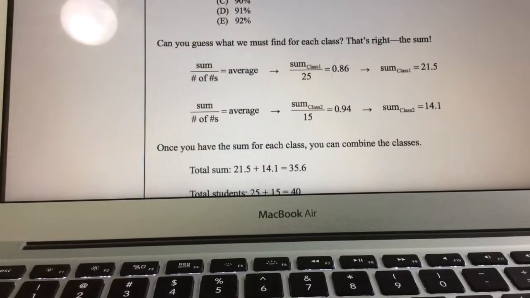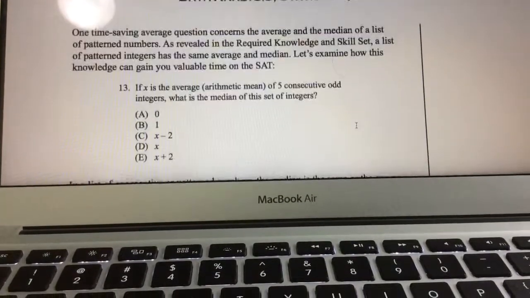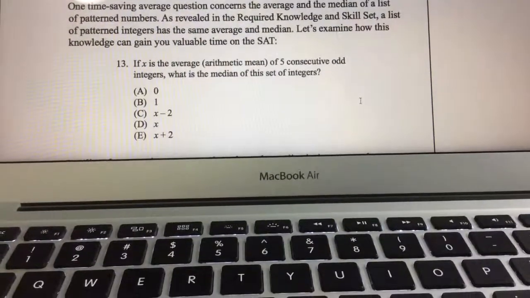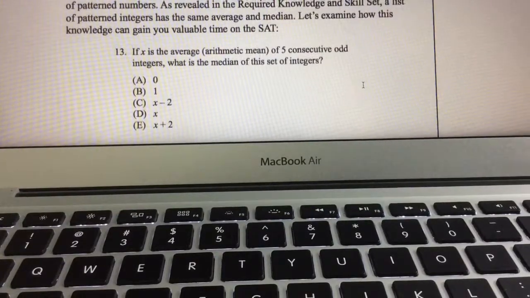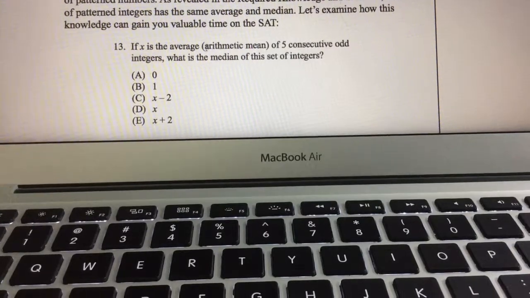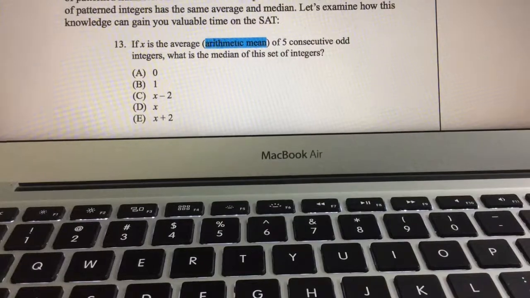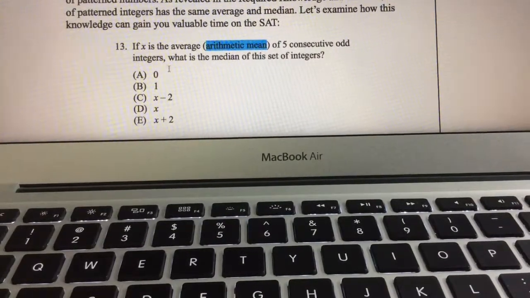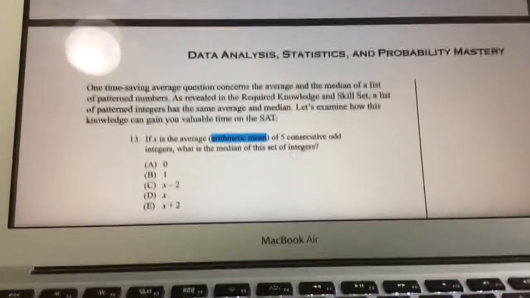No, let me scroll down. If x is the average, the arithmetic mean, of 5 consecutive odd integers, what is the median of this set of integers?